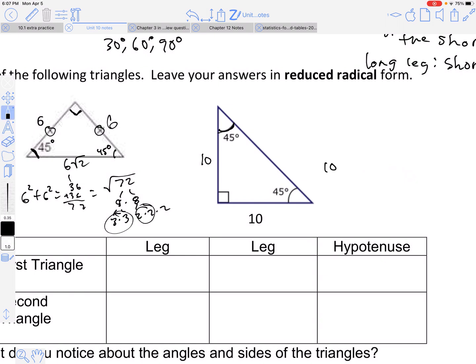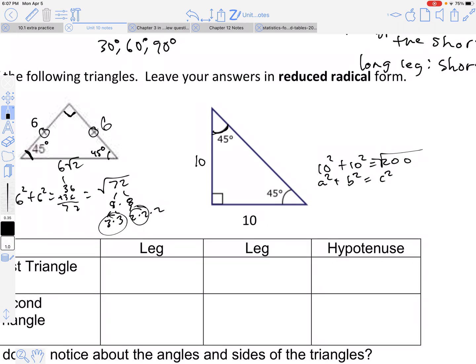So 10 squared plus 10 squared equals 200. I'm going to have to take the square root because a squared plus b squared equals c squared. So 200 is c squared, and that's why I have to take the square root. If I simplify that radical, 200 will be 2 times 100, which is 10 times 10. So 10 leaves, 2 stays.